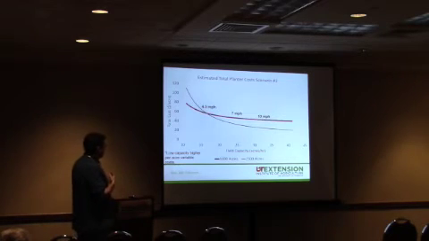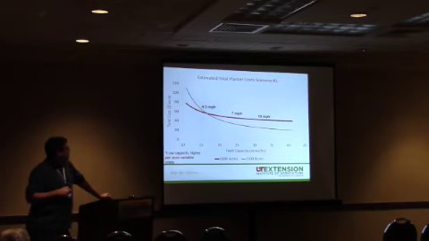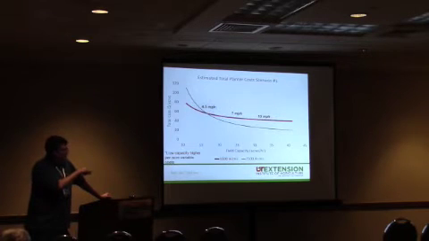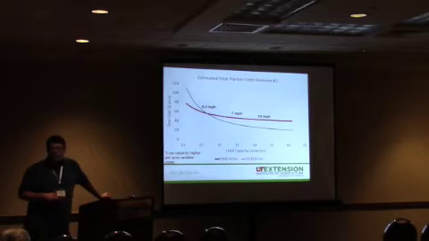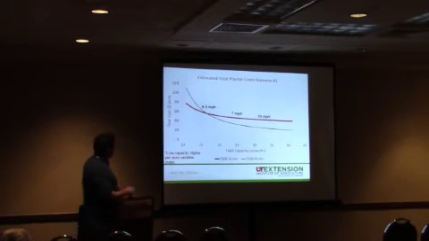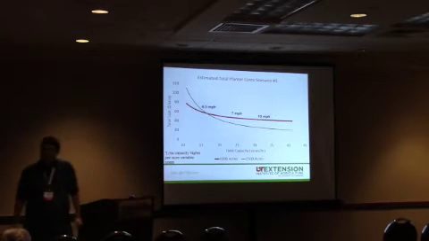So what we look at here is the estimated total planter costs for that scenario that I just described, this one right here, if you're farming 1,000 acres versus farming 2,500 acres. We took two acreage blocks and asked, what is the total cost based on these different field capacities?